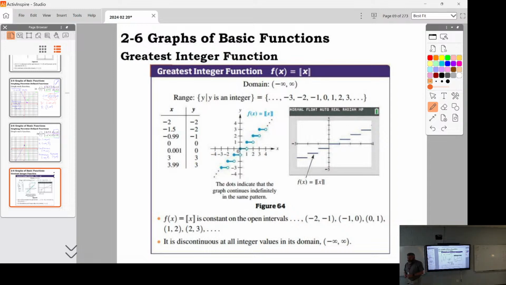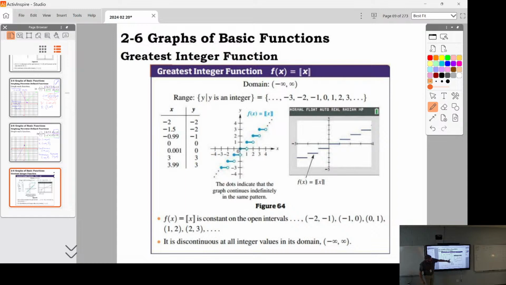You can graph the greatest integer function on the calculator, but it does not show you where the open and closed circles are. So here's the graph. This is called a step function. Again, mathematicians, very creative. Why do you think they call it a step function? Because it looks like steps. Okay? The greatest integer of 0 is 0. And I stay 0 until I almost get to 1, because the instant I get to 1, it jumps up to 1.